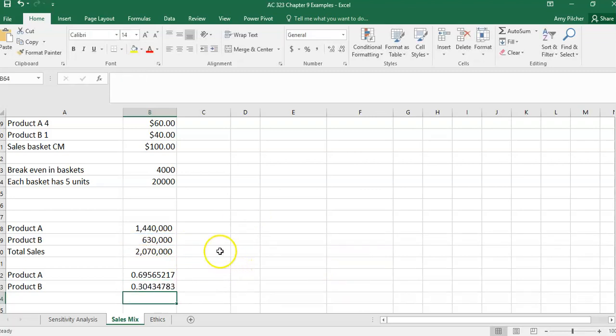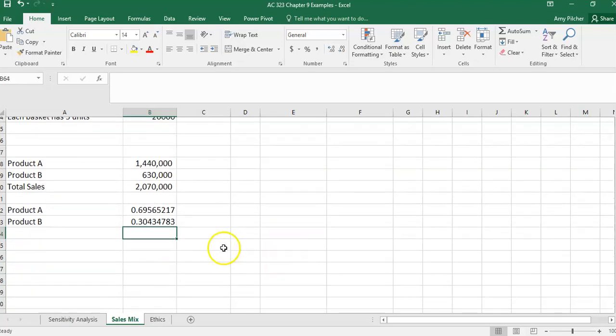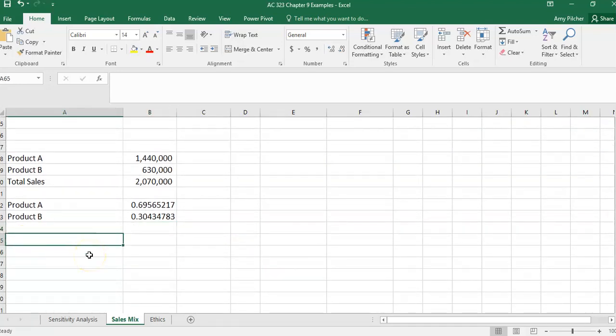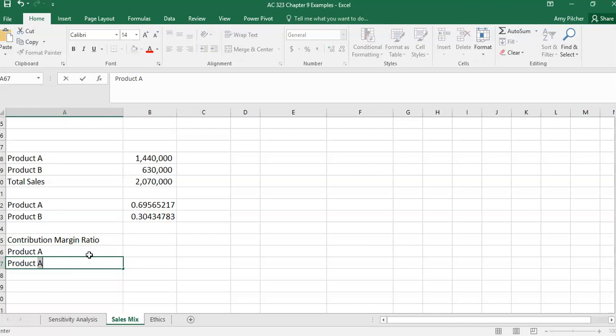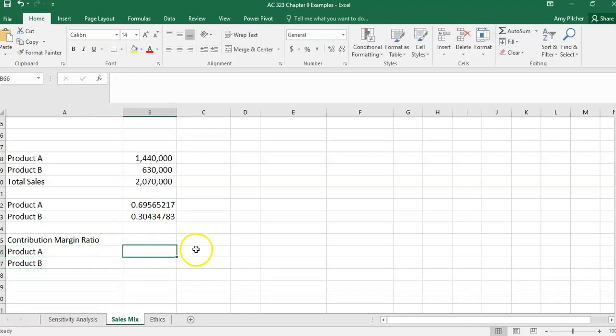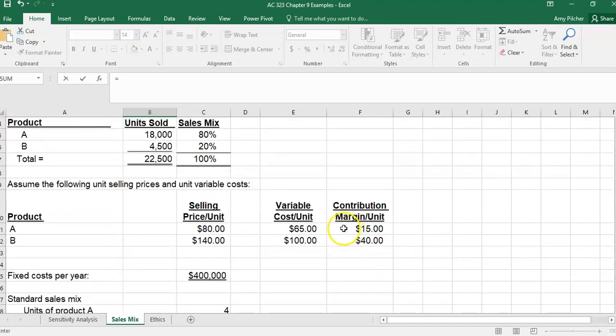So now we have our percentage of sales amount. We take this times the contribution margin ratio. So first we have to determine the contribution margin ratio of product A and product B. Contribution margin ratio is our contribution margin divided by our sales price.